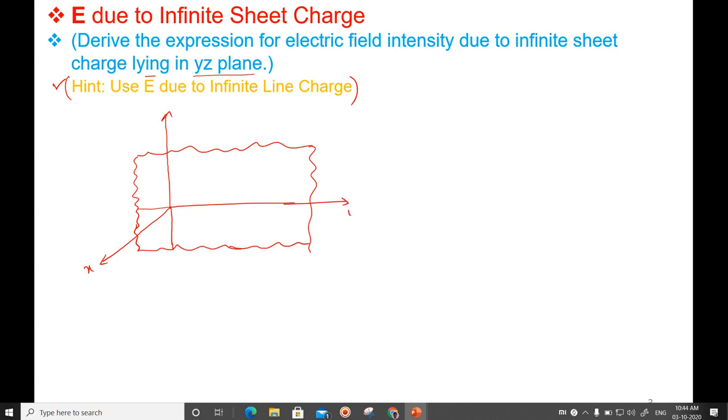Just observe the diagram: x, y, z, and this is the sheet charge, right? And it is infinite. Along z axis it is varying from minus infinity to plus infinity, along y axis minus infinity to plus infinity. It is infinite sheet charge and having the surface charge density rho s, right?